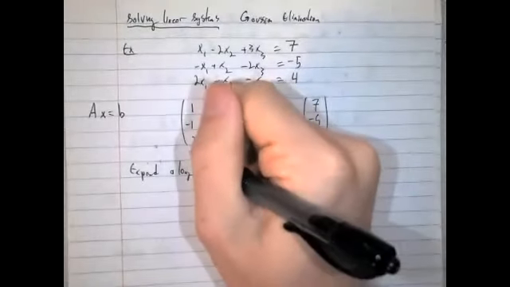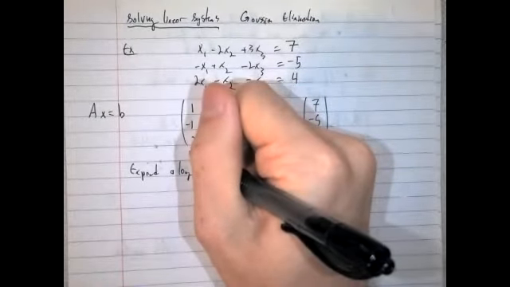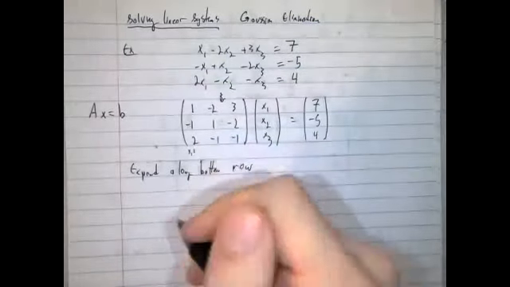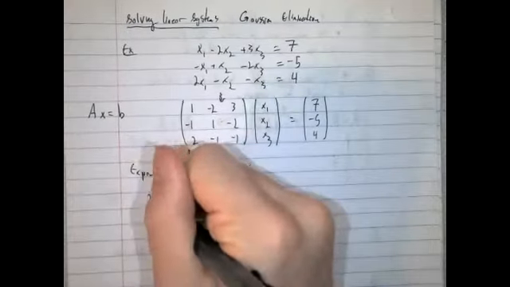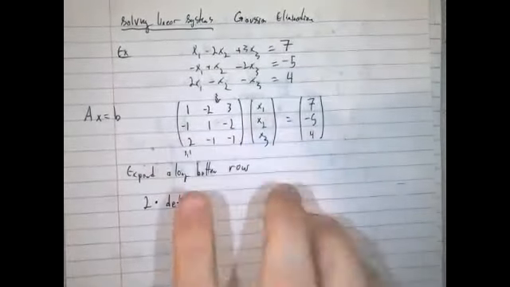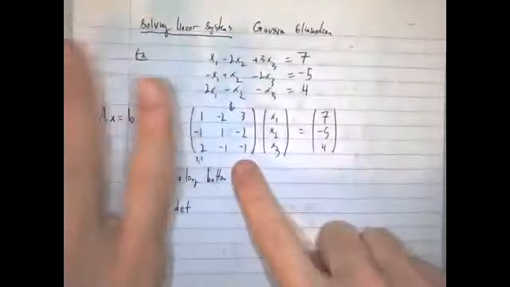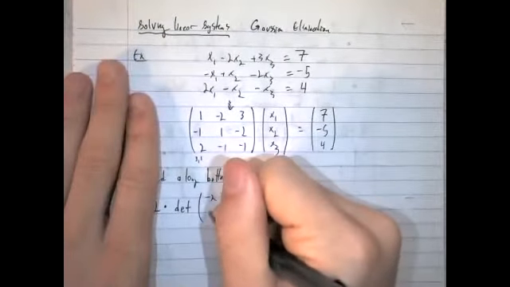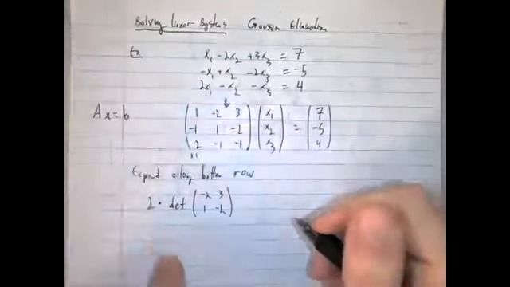Here, the coordinate is 3,1, which means I'm going to start off with a positive. So I'm going to do 2 times the determinant of the cofactor. I delete these rows and I get the determinant of negative 2, 3, 1, and negative 2.